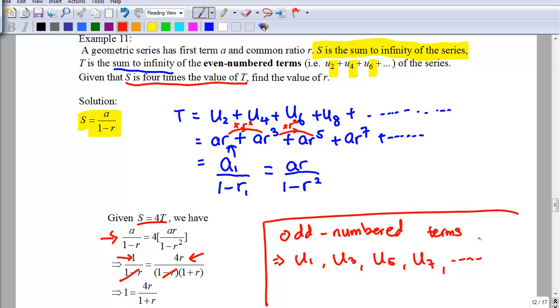So in future, when you see questions with such phrasing, you have to keep the definitions of even numbered terms and odd numbered terms in mind.